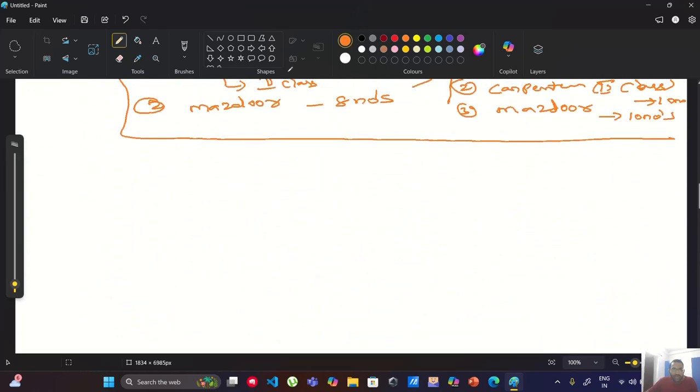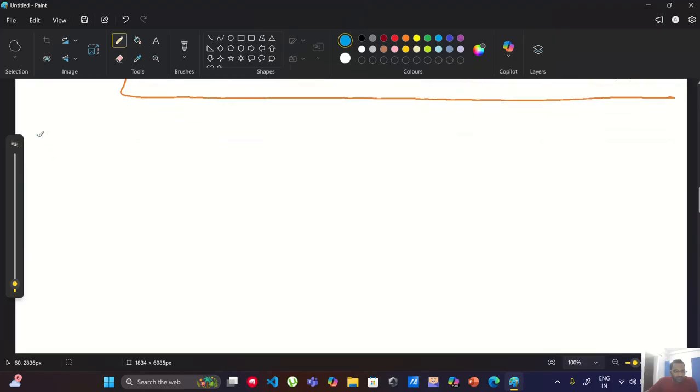Now we'll go to calculating the clear cut data. Okay, so the item number is already decided. First one, materials. In these materials, the first one is cement.